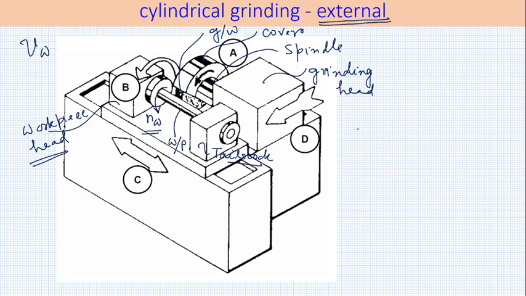So this mounting, in a cylindrical grinding machine, particularly for external grinding, is between centers. If you do not know how to mount a workpiece between centers, you have to visit the appropriate chapter of DeGarmo or Kalpakjian. So this is the only motion that we have talked about, which is the workpiece rotation motion. This is the grinding wheel, rotating at NS, which leads to VS, and NW leads to VW.